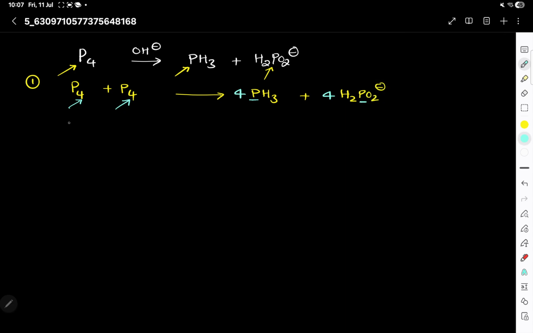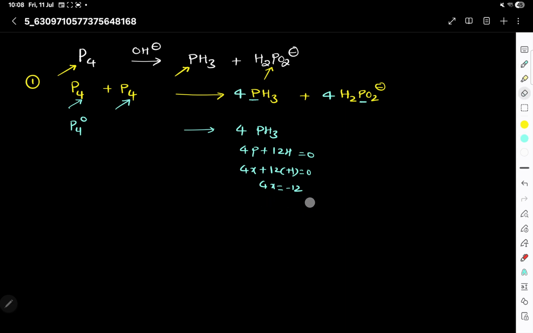Now you can see P4 gives rise to 4 PH3. Here 0. Here we have 4 phosphorus atoms and 12 hydrogen atoms, that is equal to 0. 4x plus 12 into plus 1 is equal to 0, so 4x is equal to minus 12. Got it?